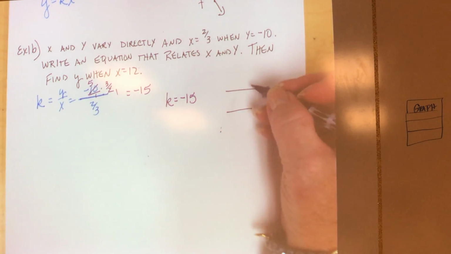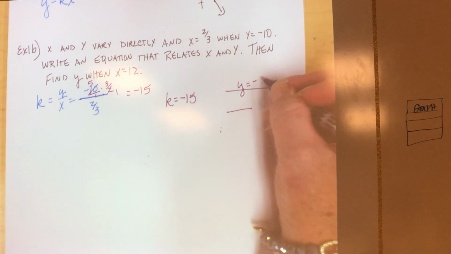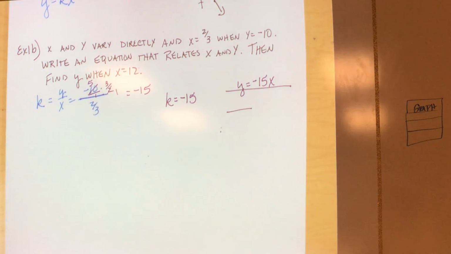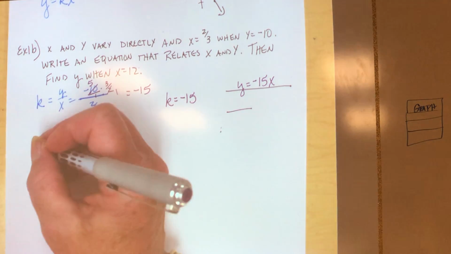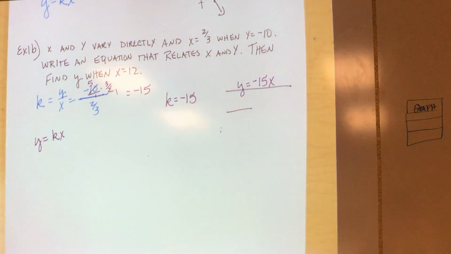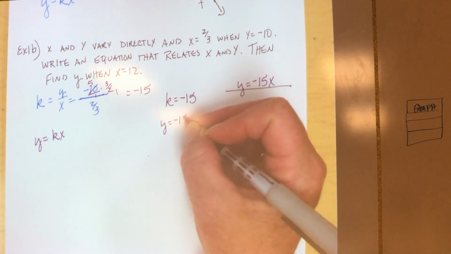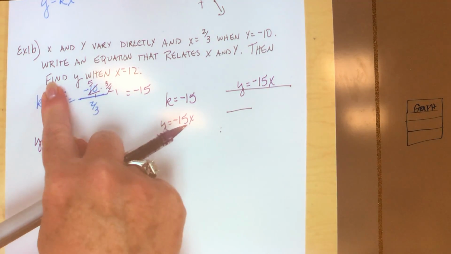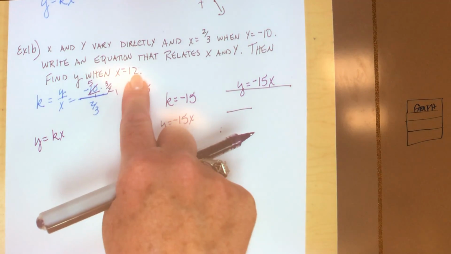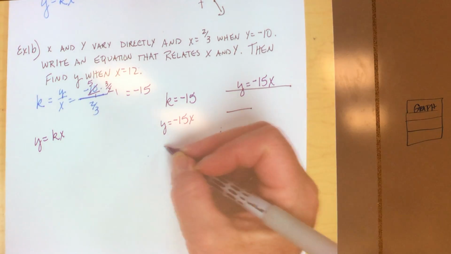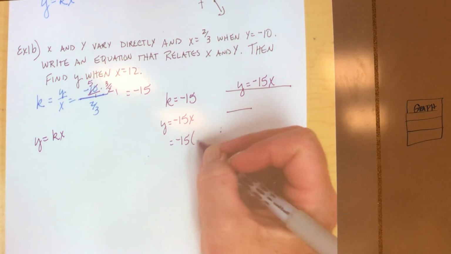What's it going to be? Y equals negative 15x. Perfect. Remember your equation is y is equal to kx. Now, I'm going to use that equation, y is equal to negative 15x, and find y when x is 12. So what am I going to do? Multiply negative 15 and 12. That's exactly right.